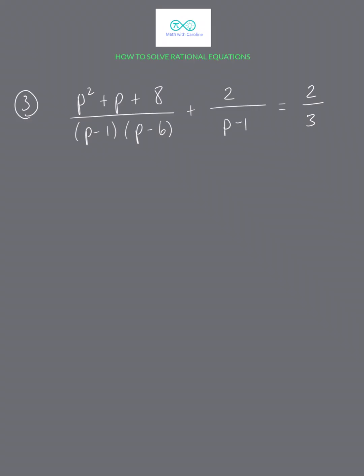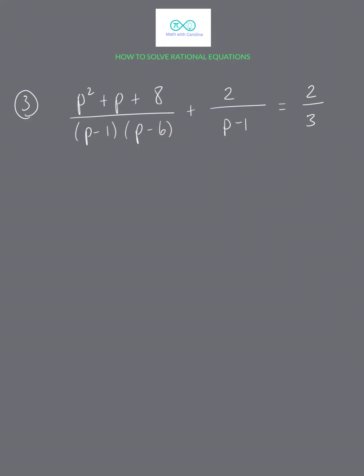In this example, this denominator is already factored, so we can look for our least common denominator between all 3 fractions. So we have p minus 1 here and p minus 1 here, and we have a 3 here and a p minus 6 here.